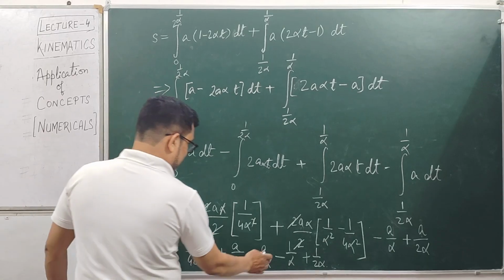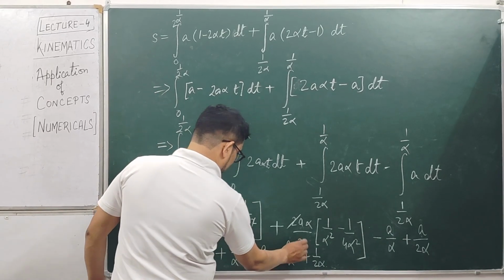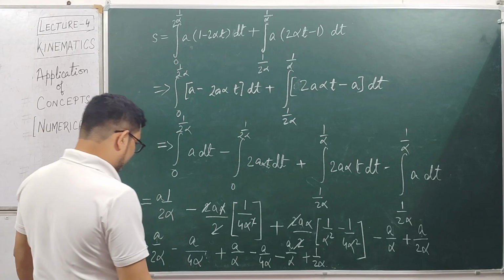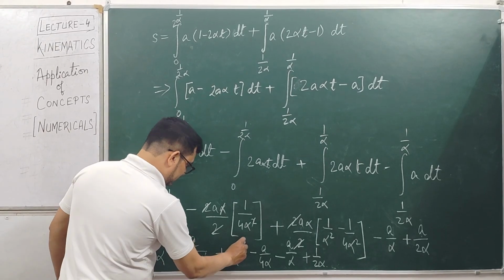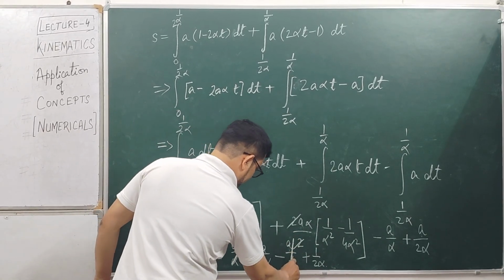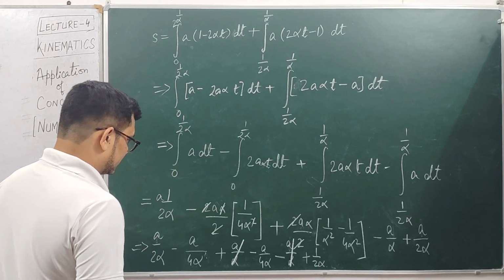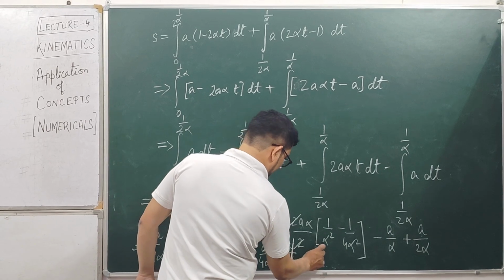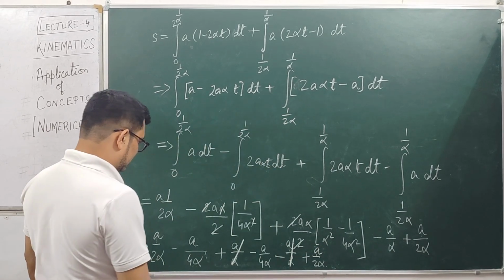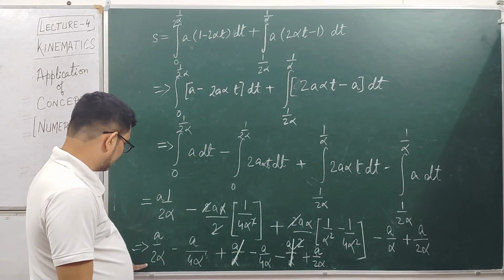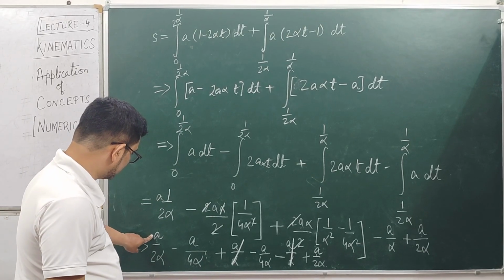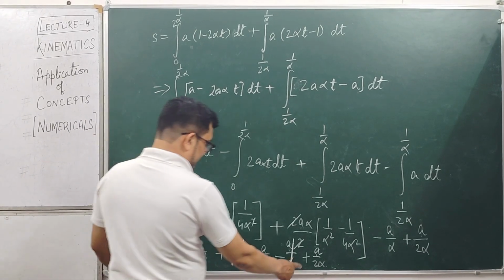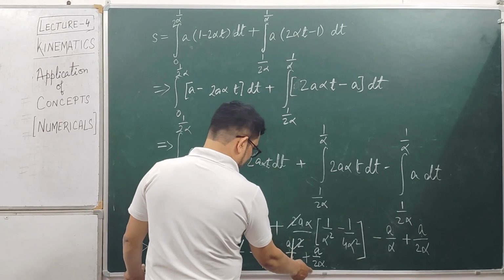So here we get minus a by alpha, and here plus a by alpha, so this gets cancelled. Then we have a by 2 alpha here, and here also we have a by 2 alpha. So this a by 2 alpha and a by 2 alpha becomes a by alpha.